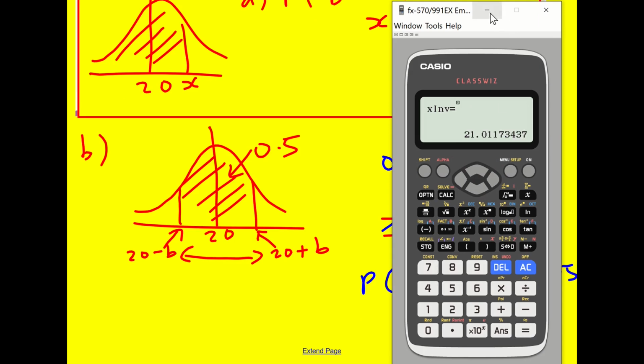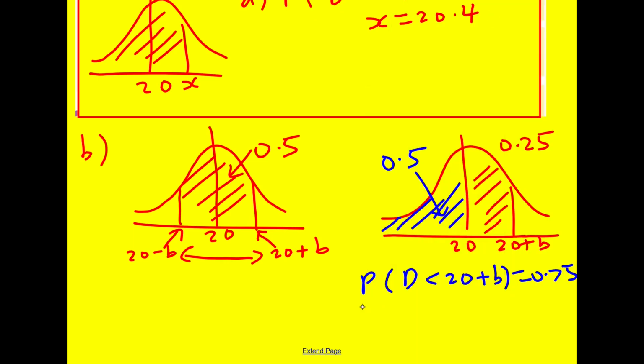Okay, I've got 21.011. So B is going to be 1.011. Remember, that is this length here.